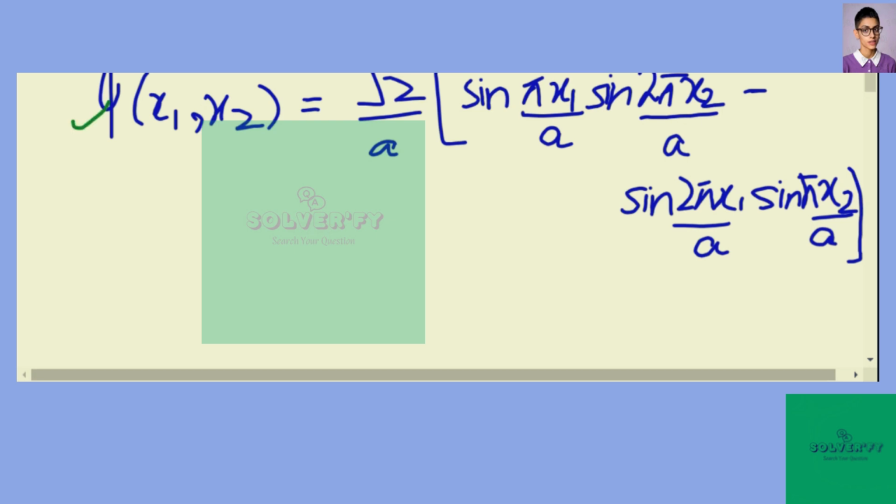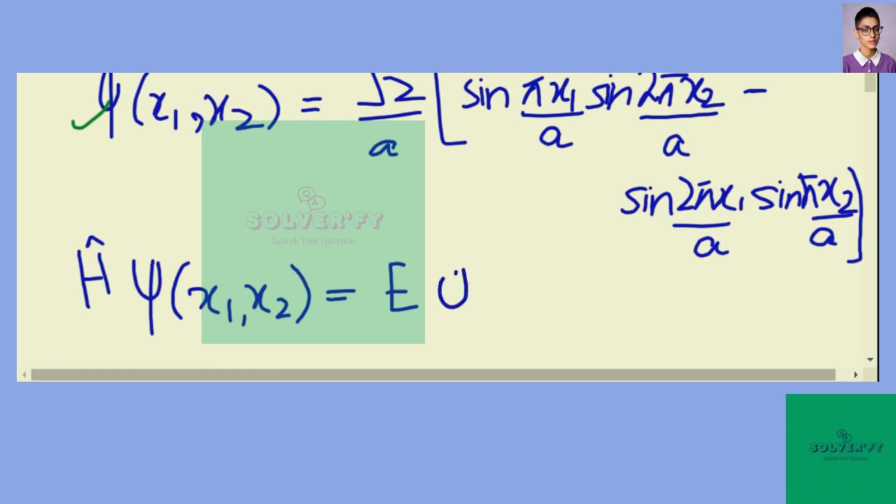So this equation would become Hamiltonian times the wave function of x1 x2 is equal to E times the wave function of x1 x2.